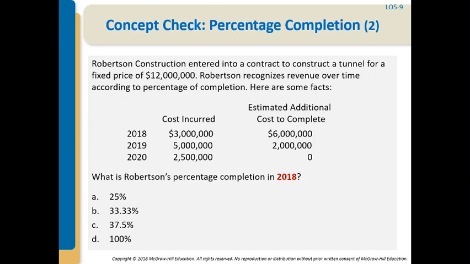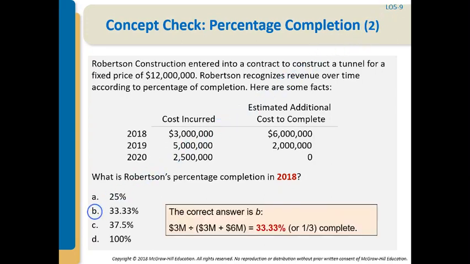Additional cost is 2 million. And they actually incur 2.5 million in that third year. So question is, what is Robertson's percentage completion in 2018? So that's a real easy one, right? 33 1/3. You could eyeball that one.